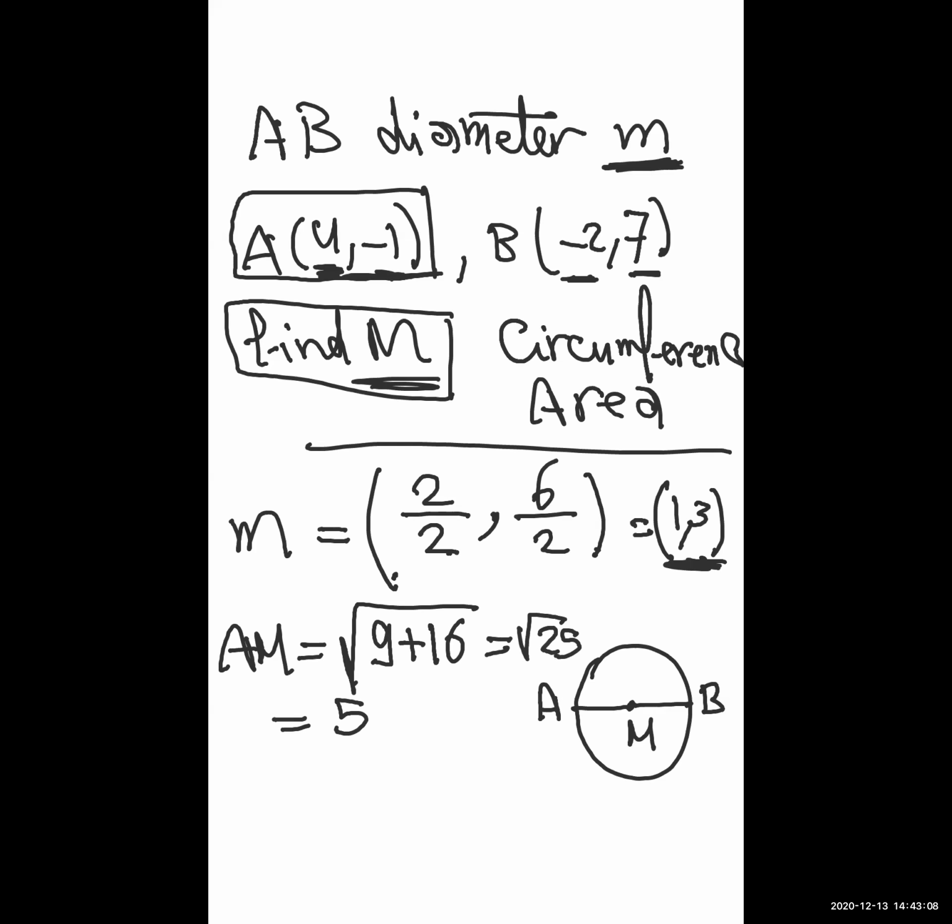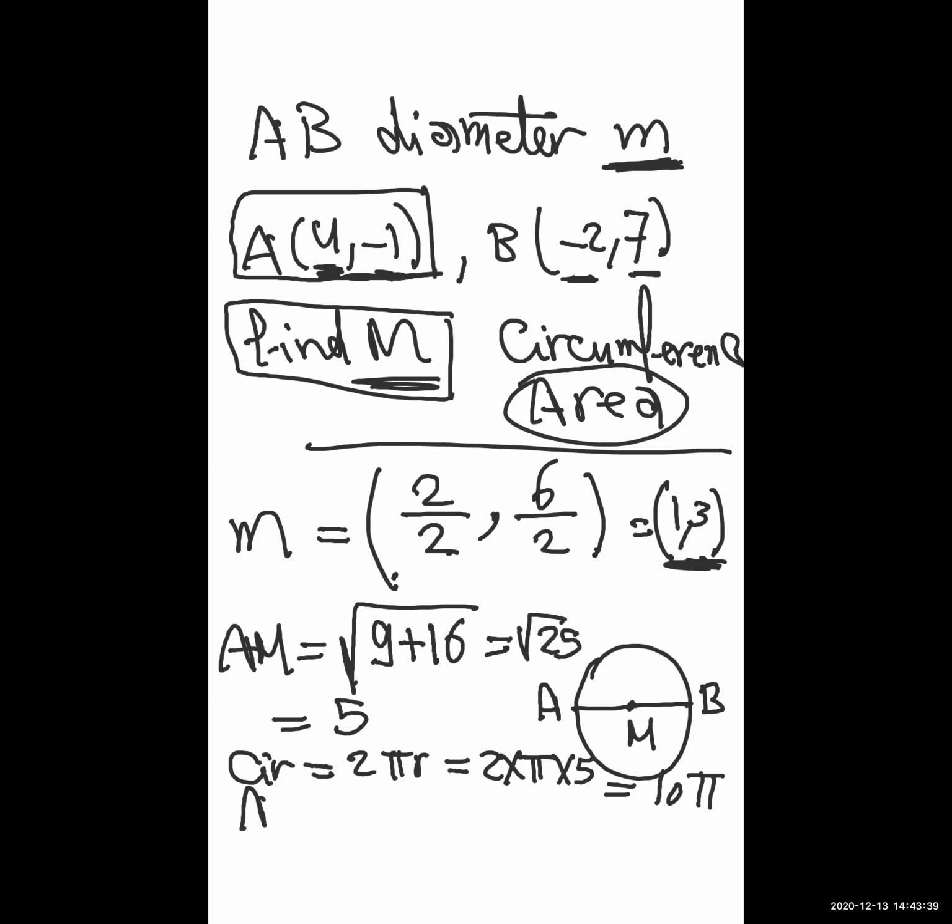Now we can get the circumference. Circumference will equal 2πr, which means 2 times 5 times π, so it will equal 10π. This is the circumference. Now the second point, I want to get the area.